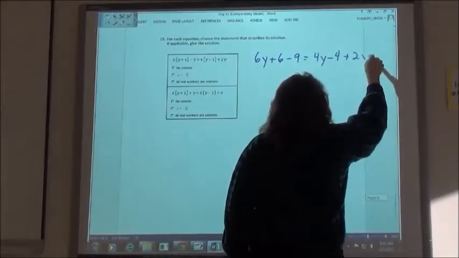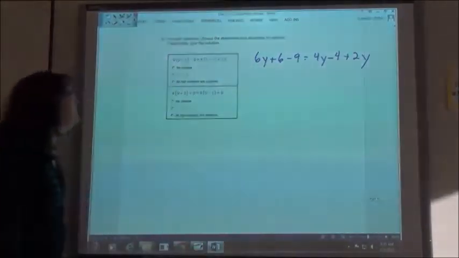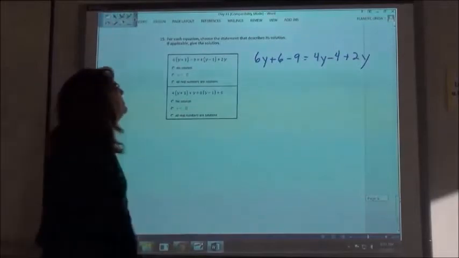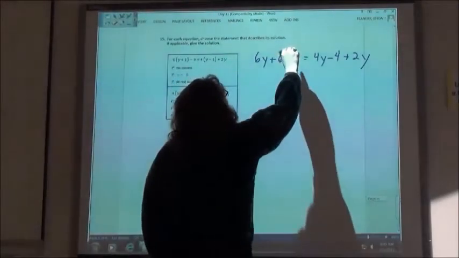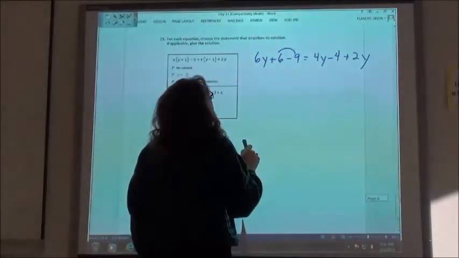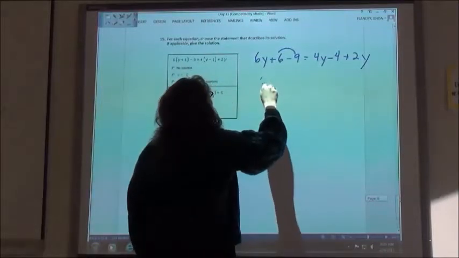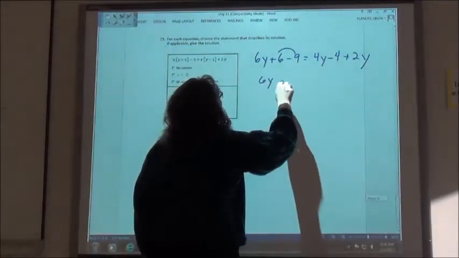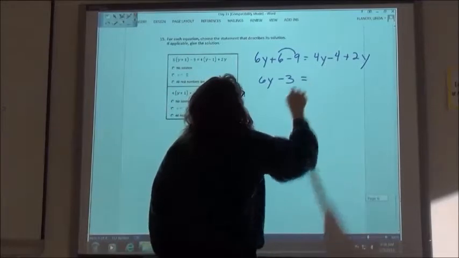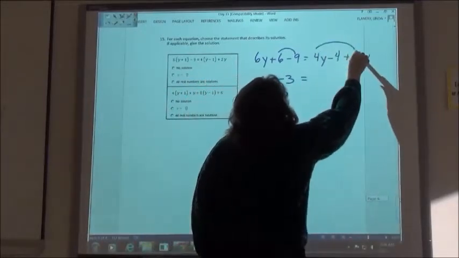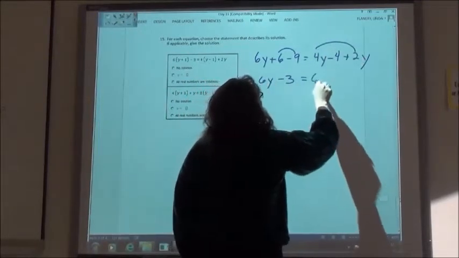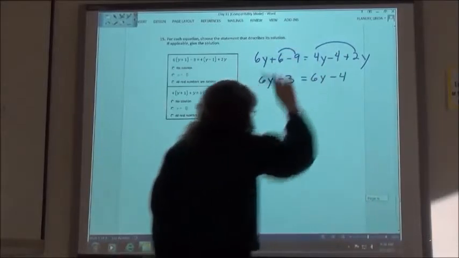Then you add the 6 and the -9. 6 minus 9 is -3, so it'll be 6y minus 3 equals 6y minus 4.